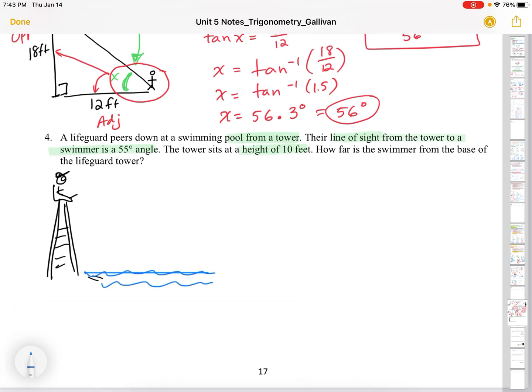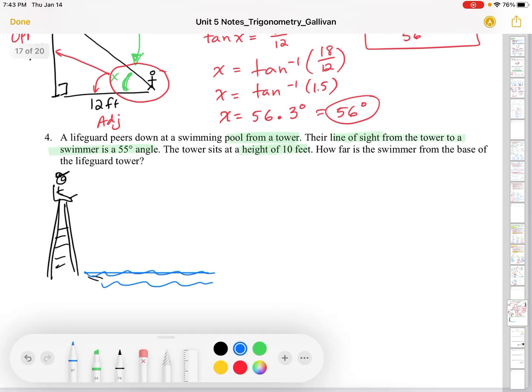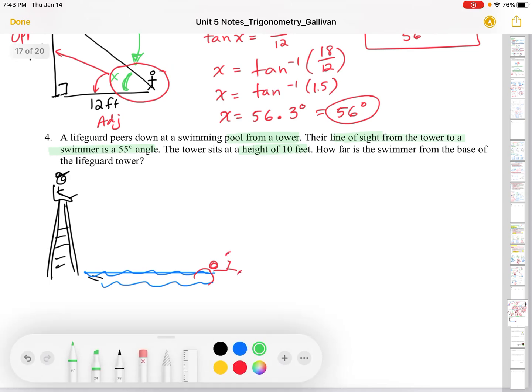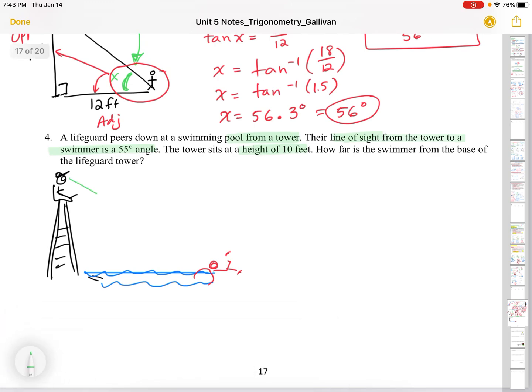Okay. All right. And there's a swimmer in the swimming pool, kicking their feet in the swimming pool. Now it says the line of sight from this tower to the swimmer is at a 55-degree angle.